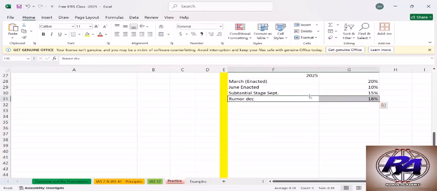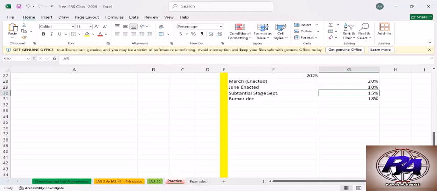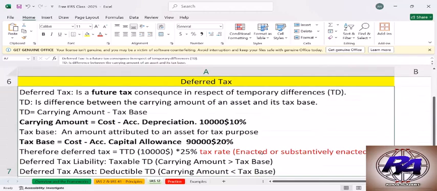This will not be used. We go to the next one. This has passed the substantive stage, so we can use 15%. The most current that is enacted, or in the process of being enacted but has passed the substantive stage, is what we're going to use here. So that is it with the tax rates.